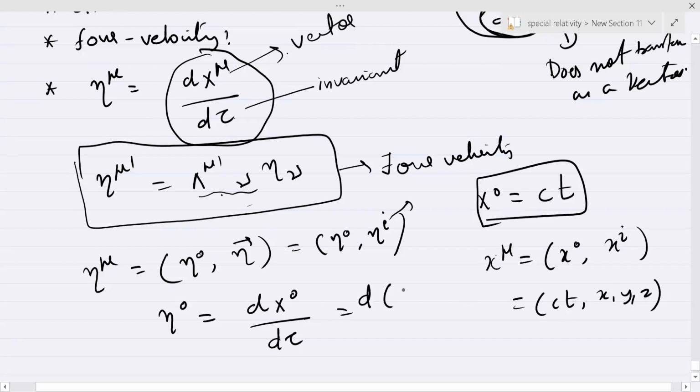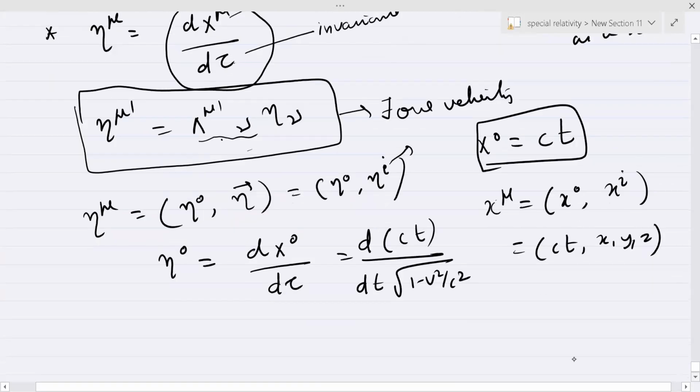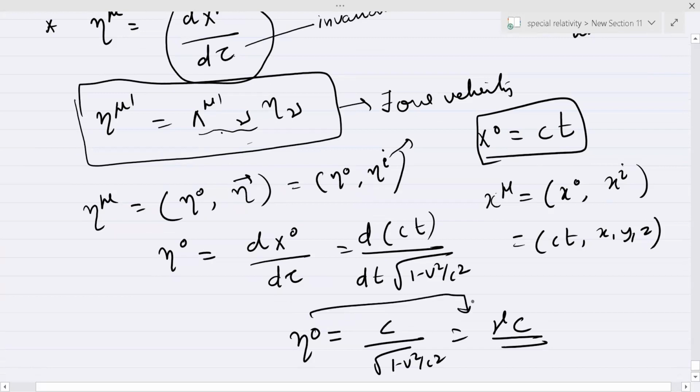This is d(ct). And what's dτ? We already noticed that dτ is equal to dt multiplied by the square root of 1 minus v²/c². Correct? So if you have dt here, this is simply c divided by the square root of 1 minus v²/c², or simply you can write it as γc. So the zeroth component, or the time component, of the 4-velocity is γc.